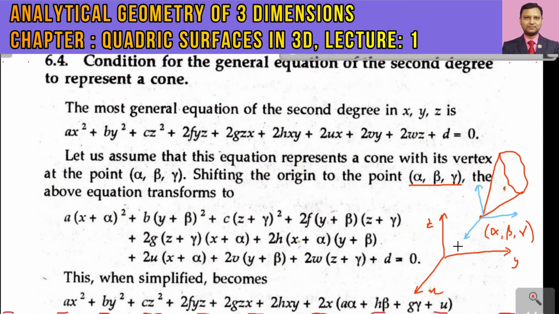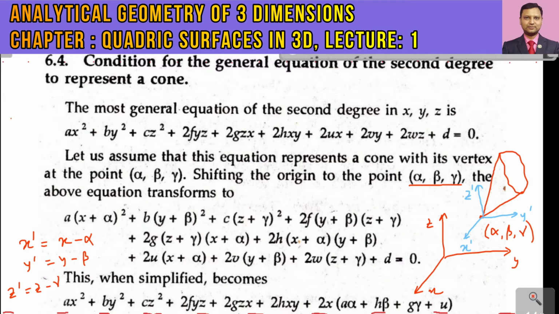So if these are the new coordinate axes, x prime, y prime, and z prime, then what would be the relation between x prime, y prime, and z prime and x, y, z? You see, x prime would be equal to x minus alpha, y prime would be equal to y minus beta, and z prime would be equal to z minus gamma.